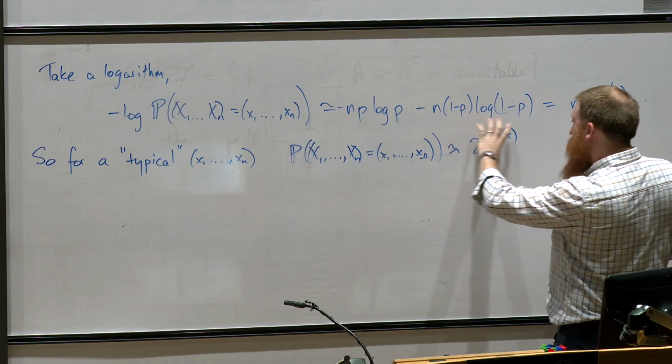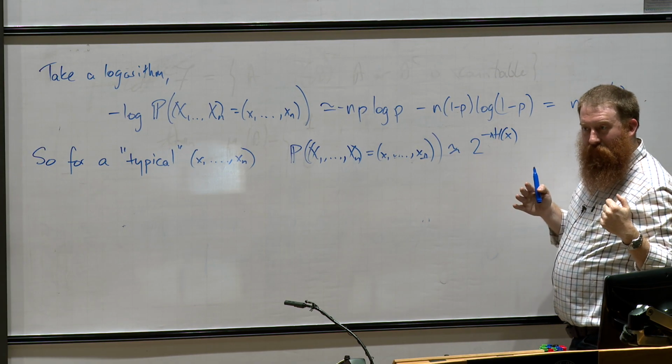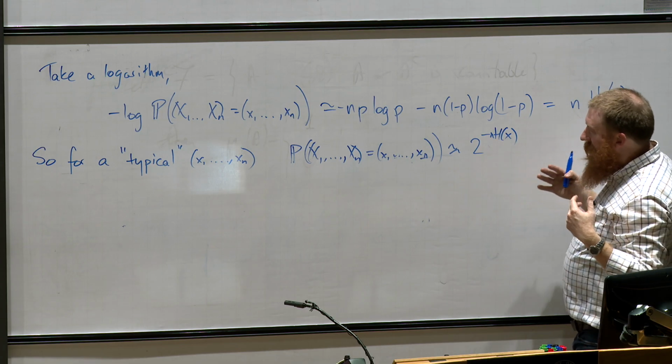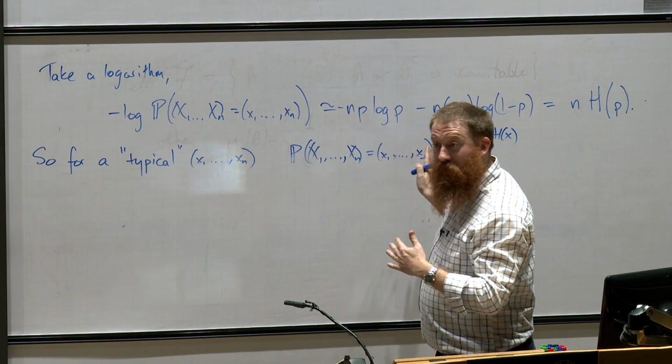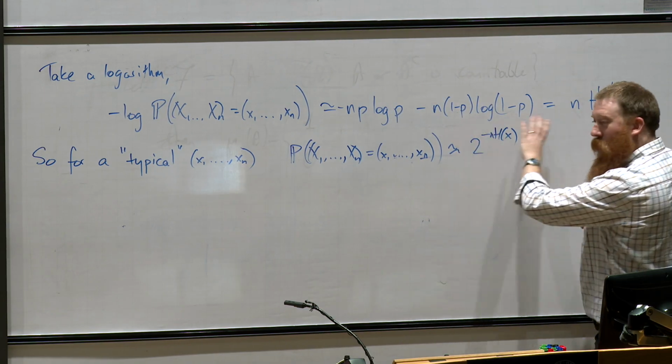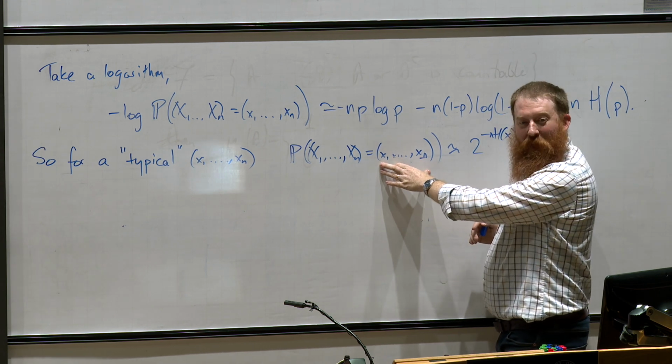So this probability is a whole lot higher than 2 to the minus n, which means that unless p is equal to a half, in which case it is 2 to the minus n, I've got a whole lot more probability than I thought I would have to begin with.